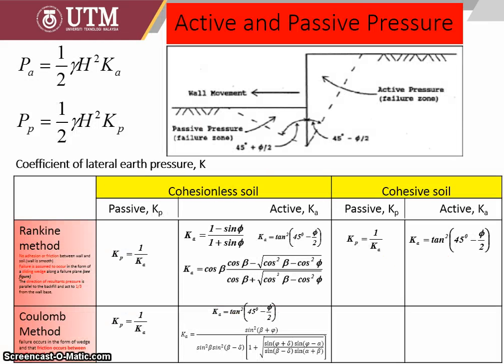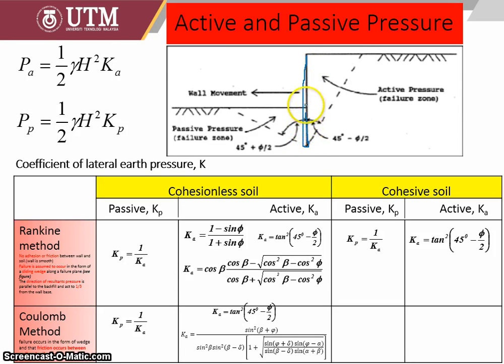Okay, so for the active and passive, previously was the rest condition. Now active and passive pressure. So let's say we have a sheet pile or retaining wall in here. So this is a retaining wall.